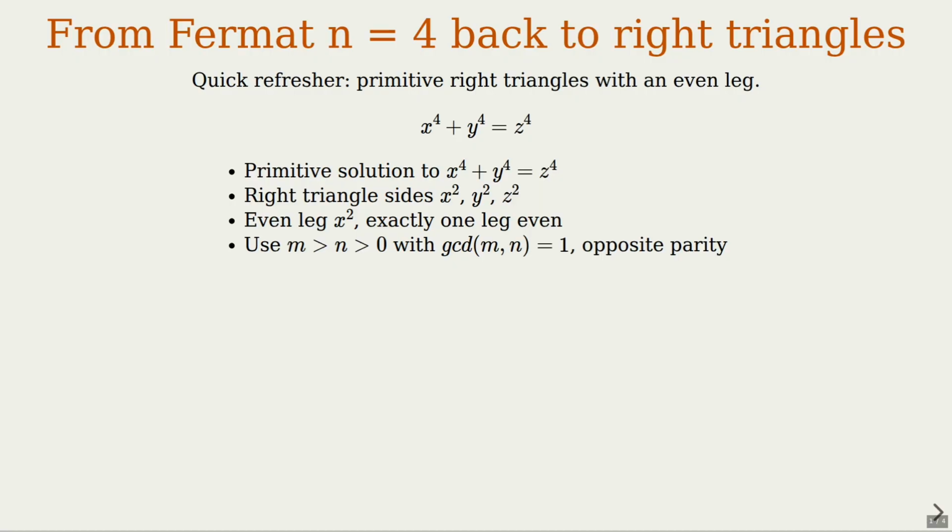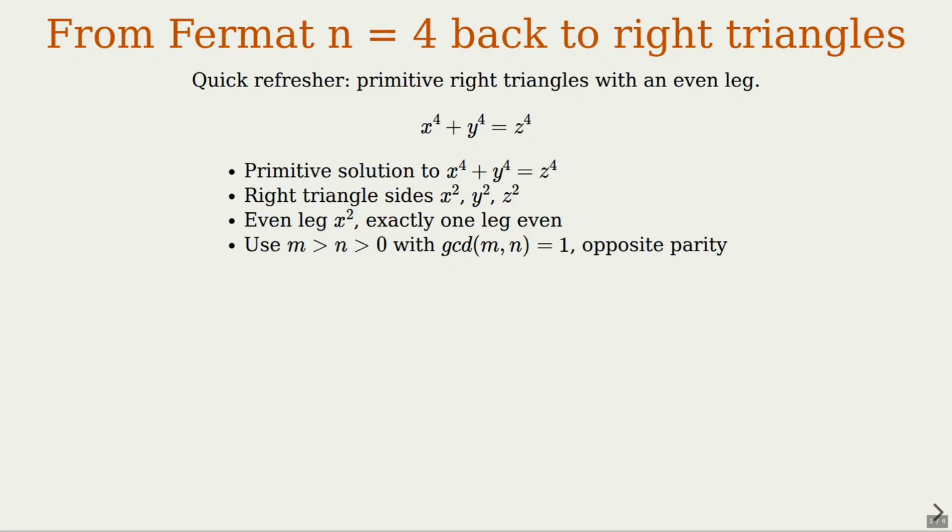We agree to call the even leg x squared, and we parameterize this primitive right triangle using integers m bigger than n. So this is the usual Pythagorean triple setup, but now applied to x squared, y squared, z squared, with x squared chosen to be the even leg?